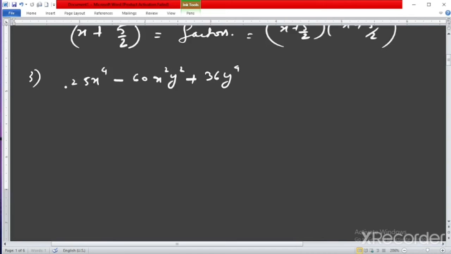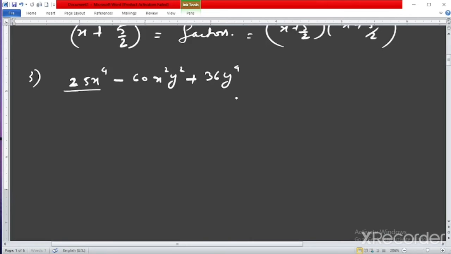To find a perfect trinomial square, what you have to see? You have to see whether you are given two perfect squares or not. So you can see here, this has 25x to the power 4 and this has 36y to the power 4.